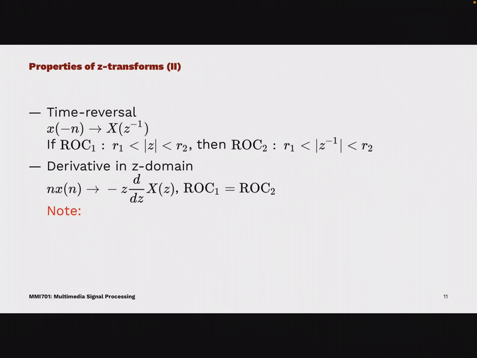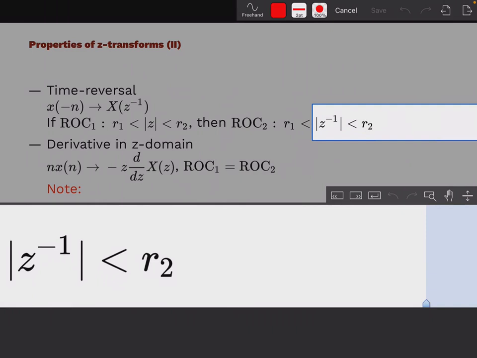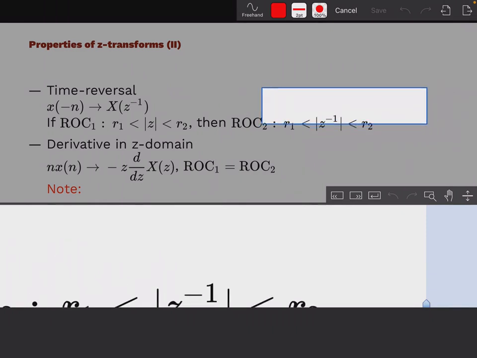So if the region of convergence for the first sequence was a ring between R1 and R2, then the region of convergence for the second signal would be R1 less than absolute value of z to the power minus 1 less than R2, which means if we wanted to write it down in terms of z, we would have 1 over R2 less than absolute value of z less than 1 over R1.